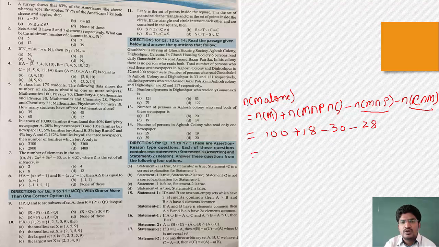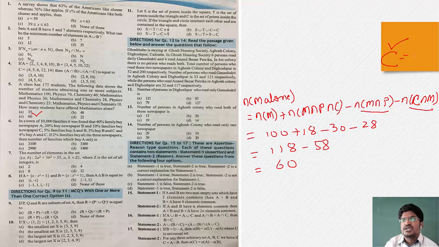So this will be equal to 118 minus 58, so this is 60. You will get the answer as 60, that is your option C. So option C will be the correct answer, which is equal to 60.